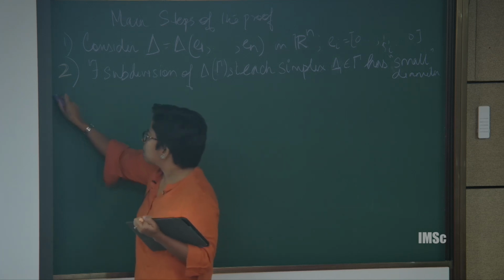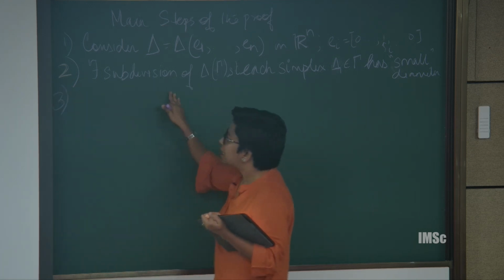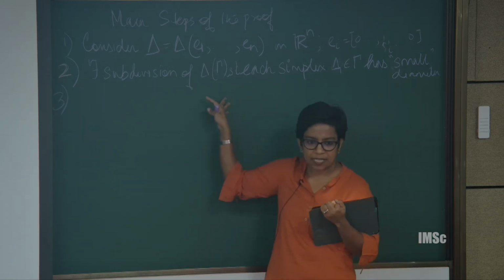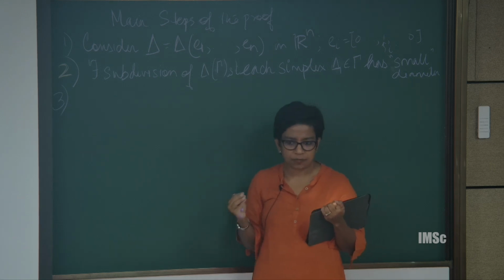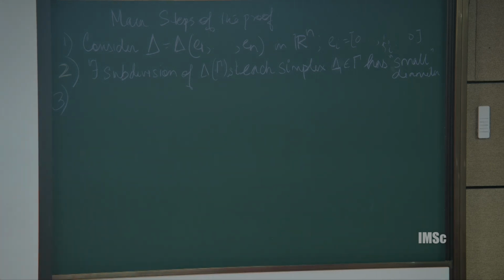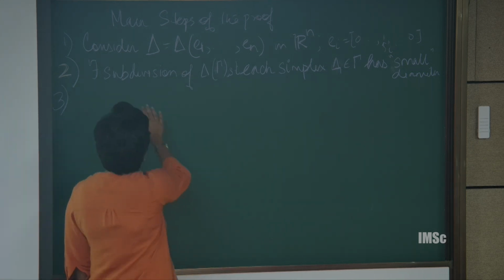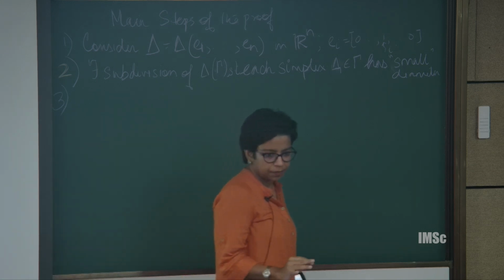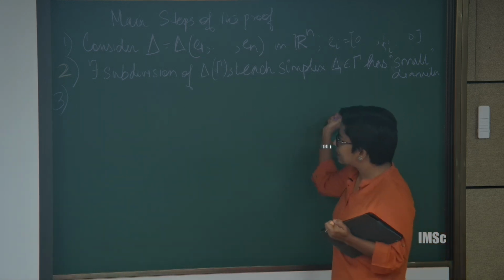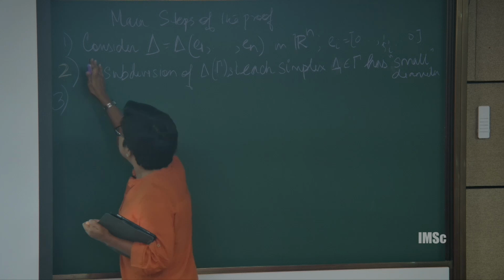There might be multiple different ways of subdividing to create a smaller diameter. In particular, in this picture I could create many different subdivisions. The problem is not every such subdivision will lead to the property that I need in order to make the proof go through. So we will describe this subdivision in a very particular way. This is why I am saying there exists a subdivision. What are the details of it? We will look at it a little later.